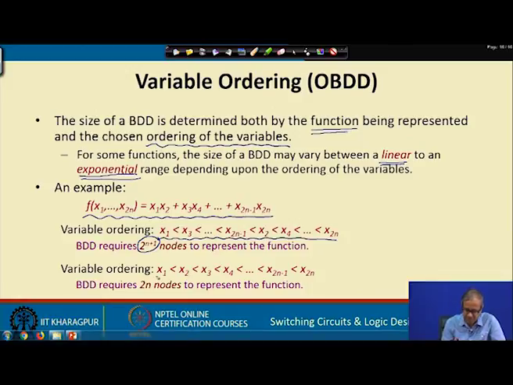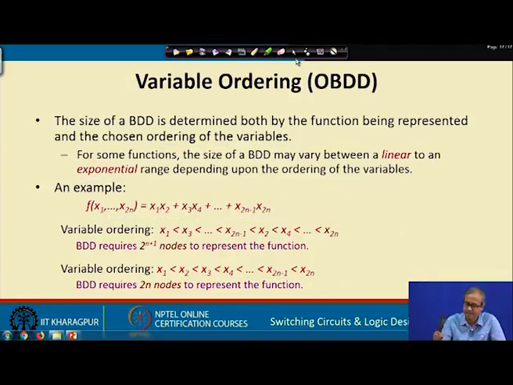But if we use a variable ordering which is just x1, x2, x3, x4 in that order, then we will require only 2n nodes. This is a very classical example which is given in all textbooks, used to show that variable ordering is very important. 2 to the power n is very large, it grows very quickly with respect to n, but 2n is proportional to n.